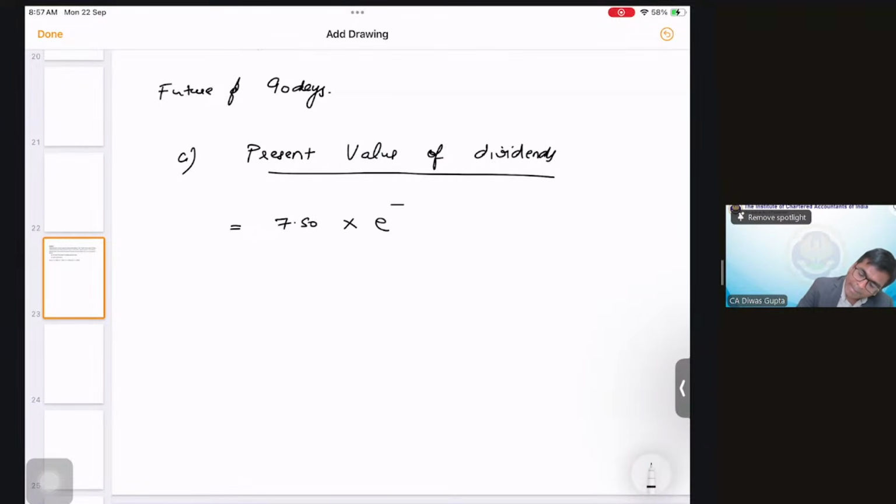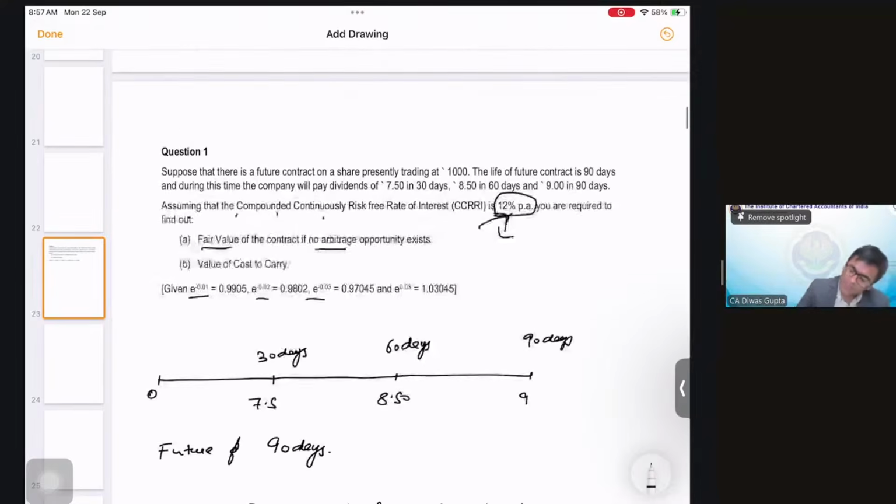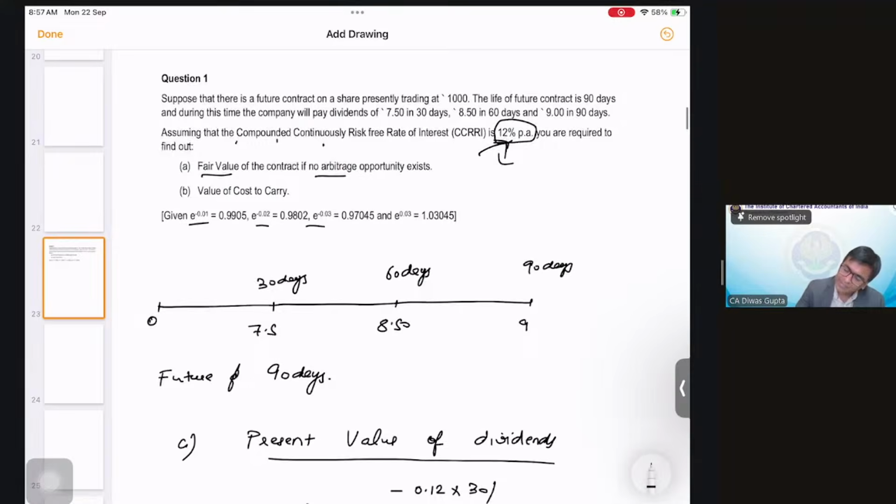So 7.5 into e raised to the power minus 0.12, which is the 12% rate, into 30 divided by, just always see, are they saying to assume anything in terms of the number of days?